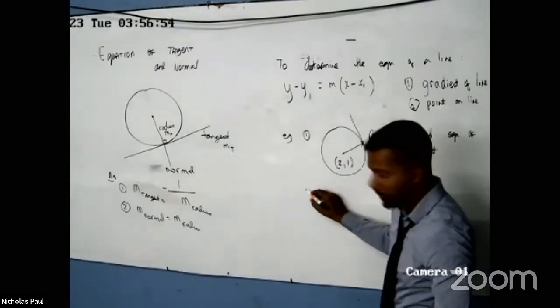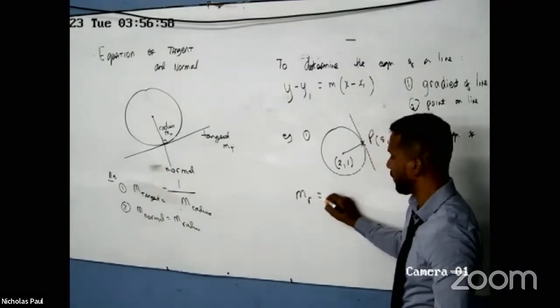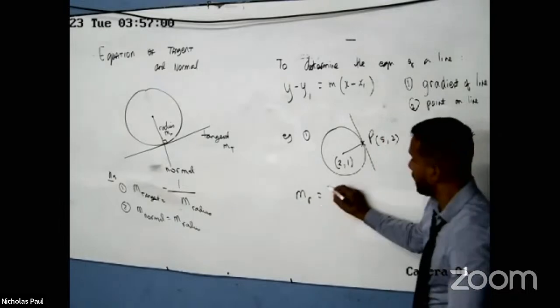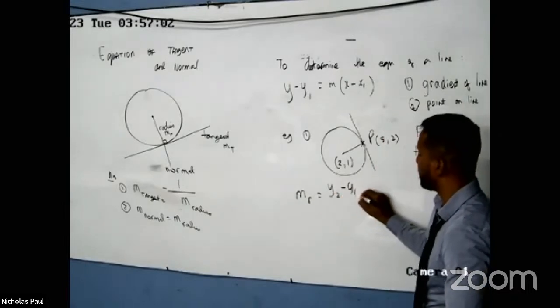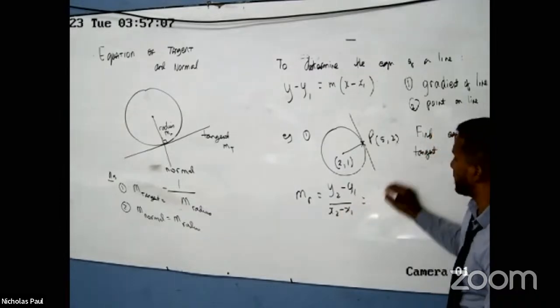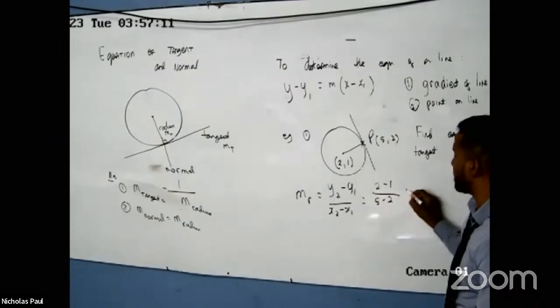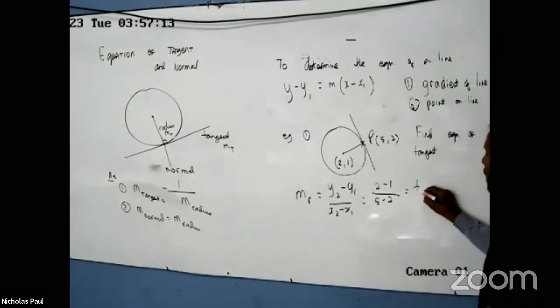So the first thing I'm going to do, I am going to find the gradient of the radius. That's an R, right? Formula: y2 minus y1 over x2 minus x1. So that's 2 minus 1 all over 5 minus 2. So that's 1 over 3.